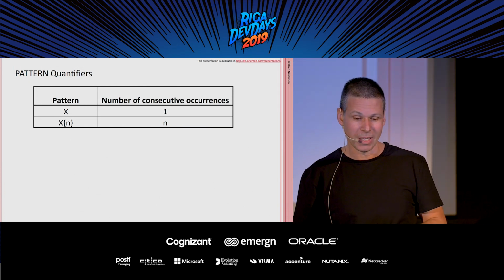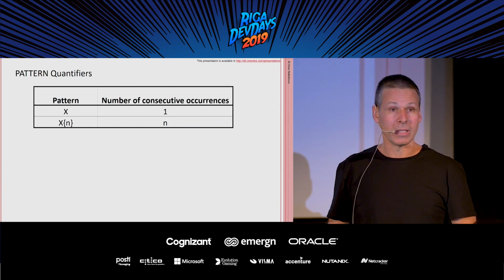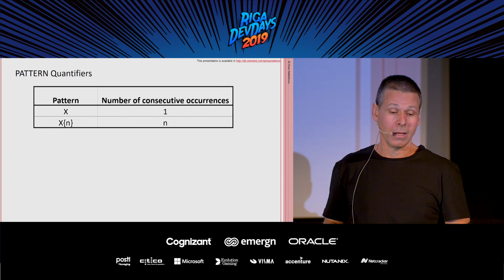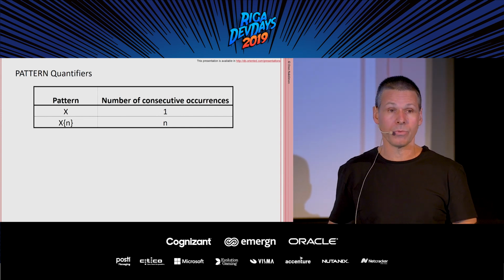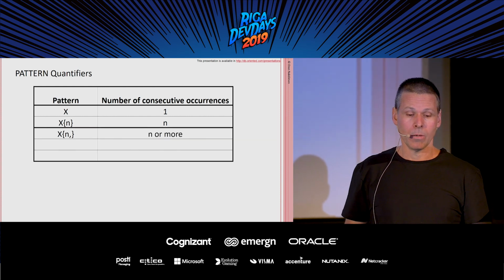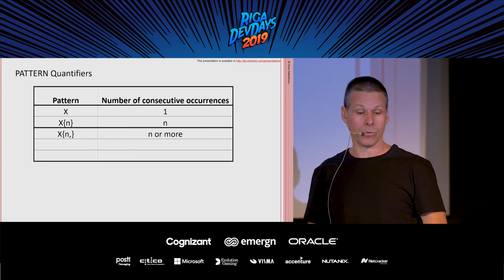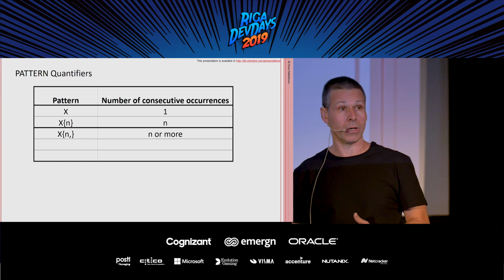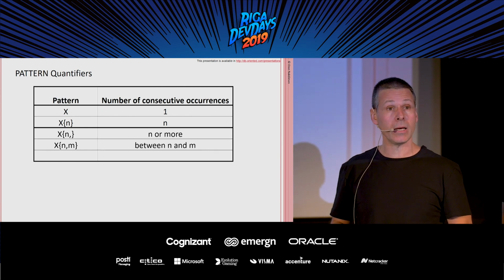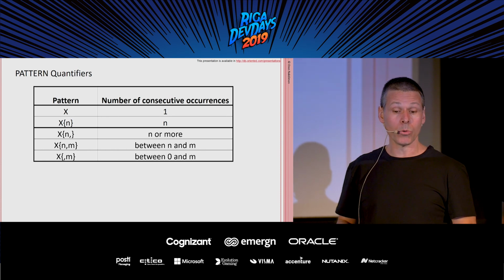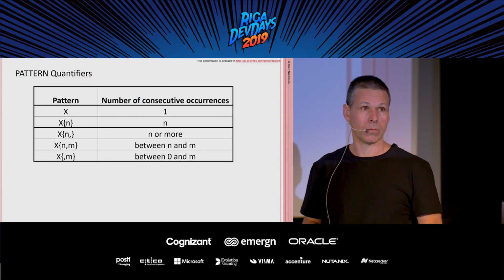Not many, but several. We've seen this one. X means 1. Xn means exactly n consecutive occurrences of x. We can use this syntax for at least n consecutive occurrences of x. This one for any number between n and m. And this one for at most m occurrences of x.